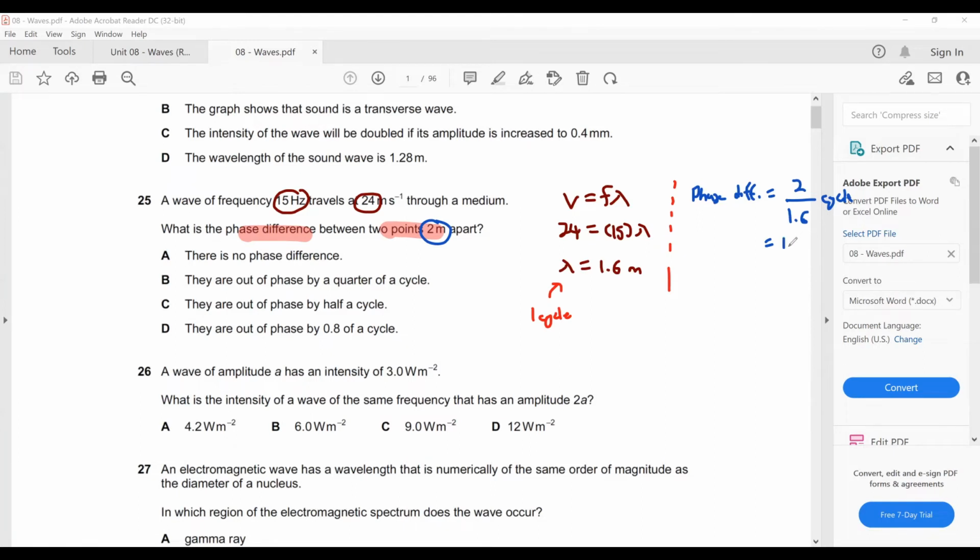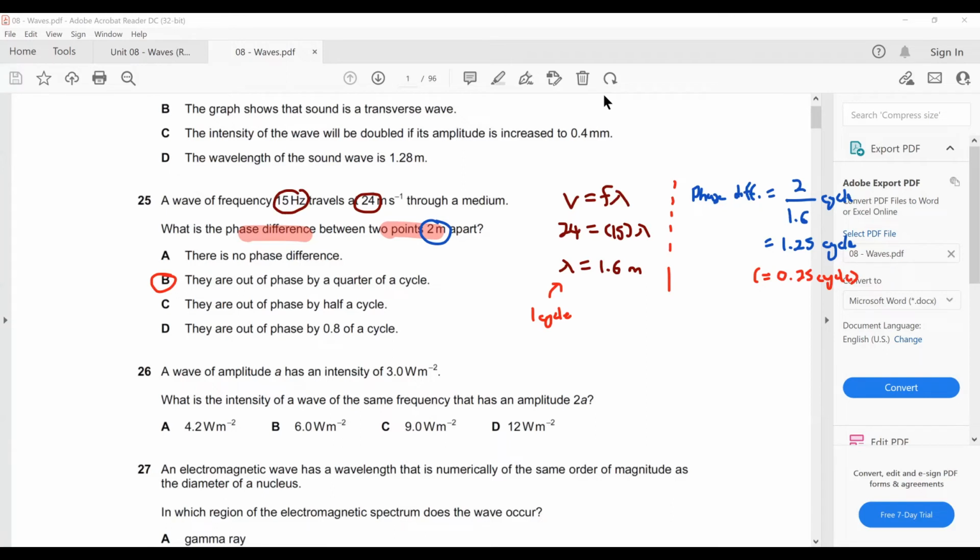You're going to get 1.25 cycle. The phase difference is actually 1.25 cycle. But you could also say in terms of, if you just look at in terms of fraction of 1 cycle only, you get rid of anything more than 1 cycle, it's actually going to be equal to 0.25 cycle. So the answer here would be they are out of phase by a quarter of a cycle.